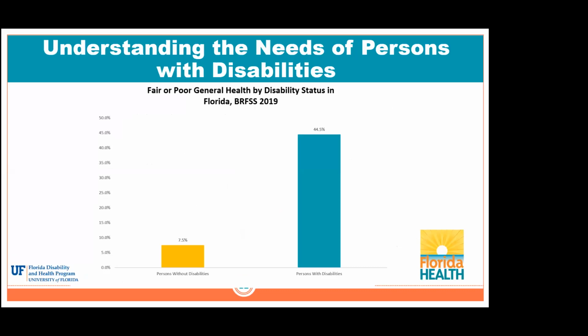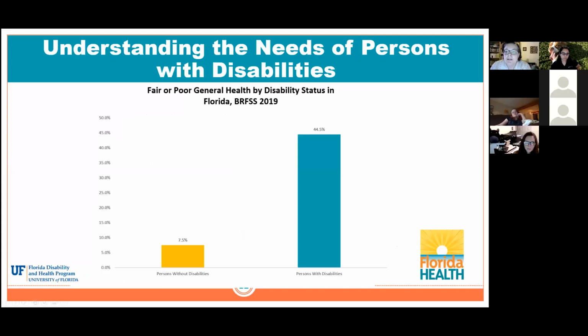So like I said earlier, we've got a situation where, in general, we know that people with disability are much more likely to report fair or poor general health. We see this quite starkly here in the graph. In the 2019 BRFSS, 44.5% of people with disabilities reported having fair or poor general health compared to 7.5% of people without disabilities.